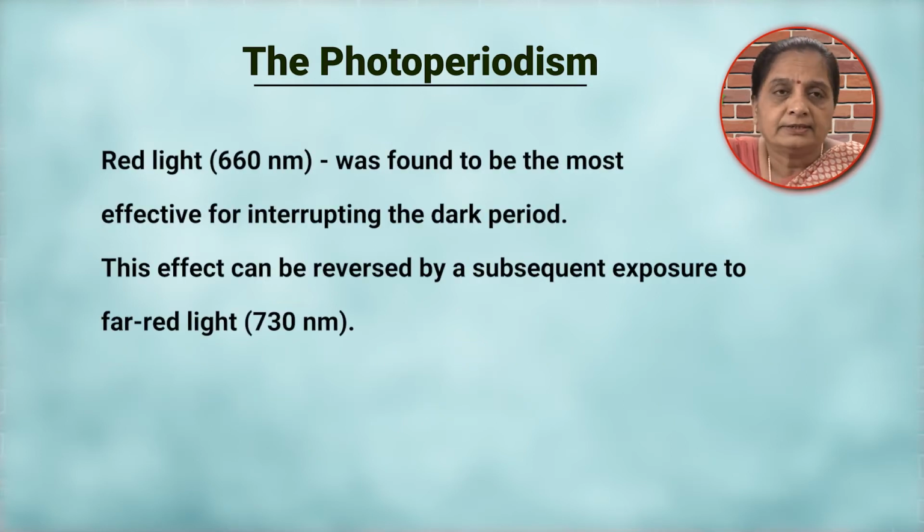Red light of 660 nanometers was found to be the most effective for interrupting the dark period. This effect can be reversed by subsequent exposure to far red light, that is, 730 nanometers.